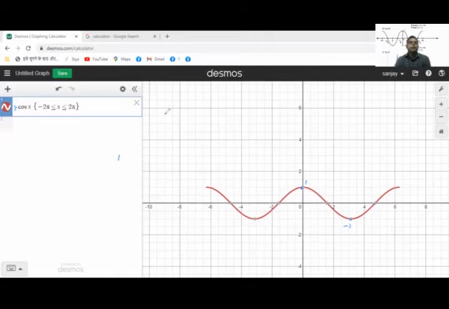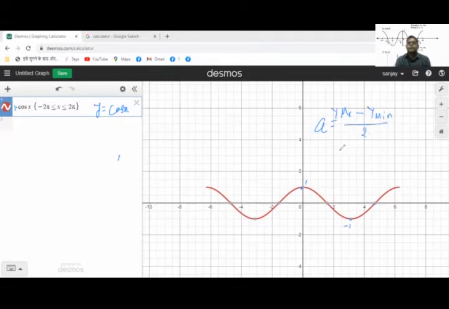So in order to talk about the amplitude, you can see the coefficient of x is 1. So the amplitude of this function y equals cos x is 1, and it is given by half the difference of the maximum and the minimum. If you denote this by a, then a is y maximum minus y minimum, divided by 2.